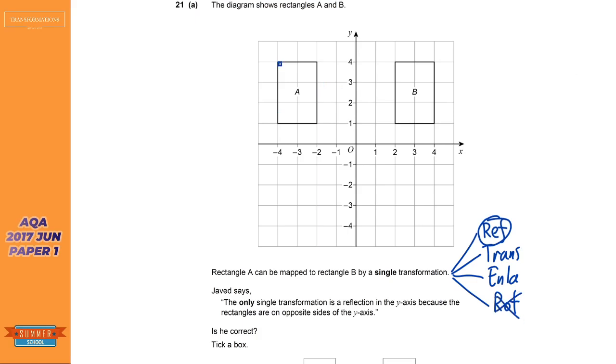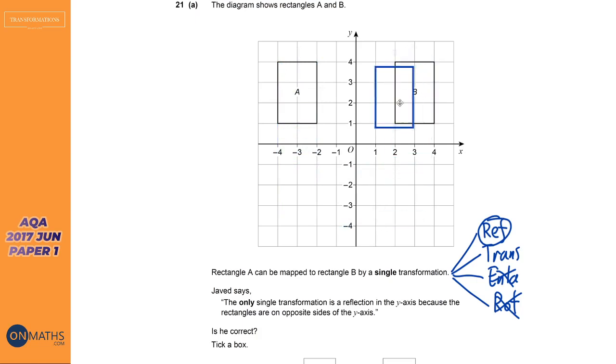Let's try this again. If it had been enlarged, we know that it would change size, right? But if you look, that's exactly the same size. So definitely not enlargement. The last thing is translation. Now translation means we draw out the shape, badly, and we just move it around. So it can go down there, or to the right, or here.